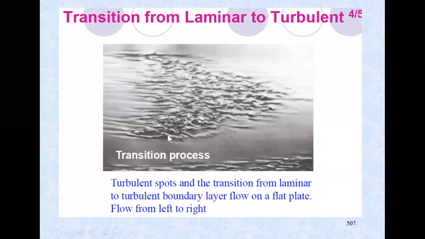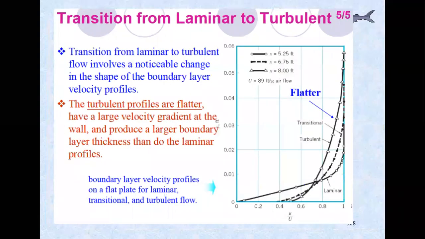Okay, this is transitions. This is the visualization of what's going on during the transitions. And then this is the boundary layer velocity profile change as it goes from laminar to turbulent. So the turbulent profiles are flatter.